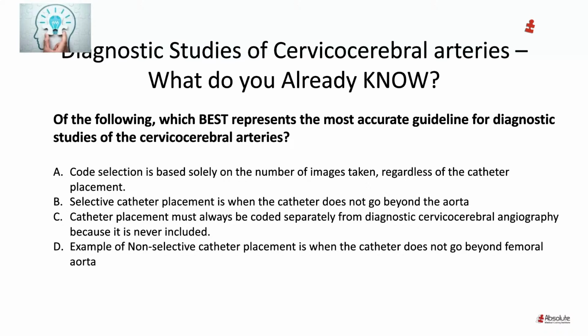B. Selective catheter placement is when the catheter does not go beyond the aorta. C. Catheter placement must always be coded separately from diagnostic cervical cerebral angiography because it's never included. Or D. Example of non-selective catheter placement is when the catheter does not go beyond the femoral aorta. What say you?